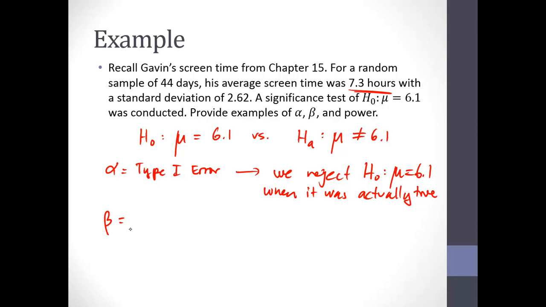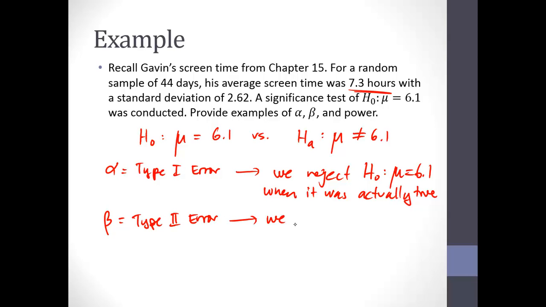Again, beta is our type 2 error. And this is where we've made an error too. The type 1 error is that we reject the null when it's actually true. This second error is that we fail to reject it when it's false. So let's say what that means here.